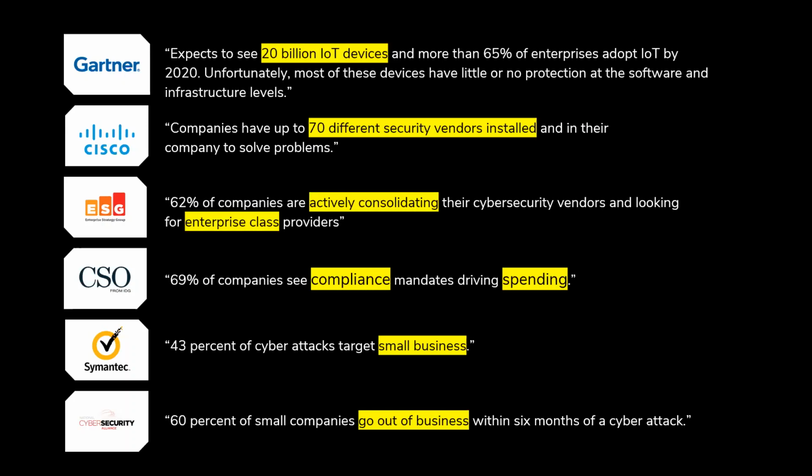Obviously, there's a large level of spending, and it's all focused on compliance due to audits and other regulatory compliance requirements. And small businesses are especially vulnerable when it comes to cybersecurity, as they are highly affected by cybersecurity attacks, and that can even end up with the business going out of business in the end.